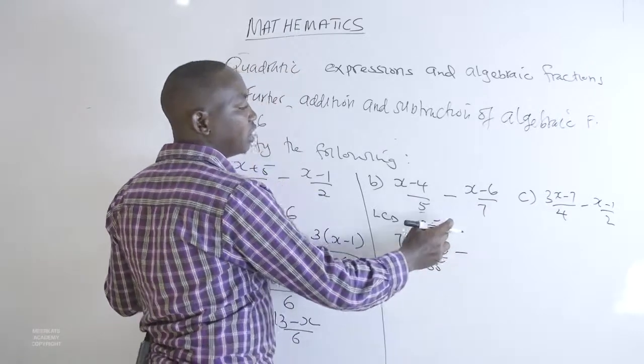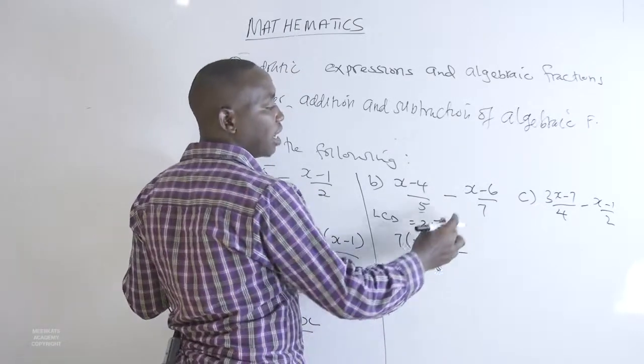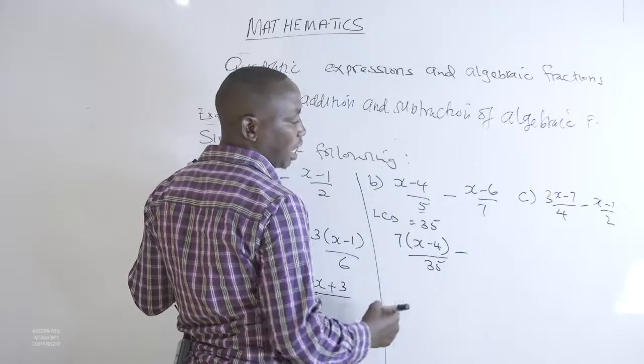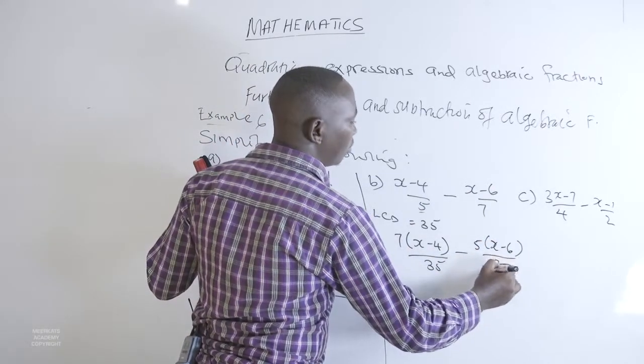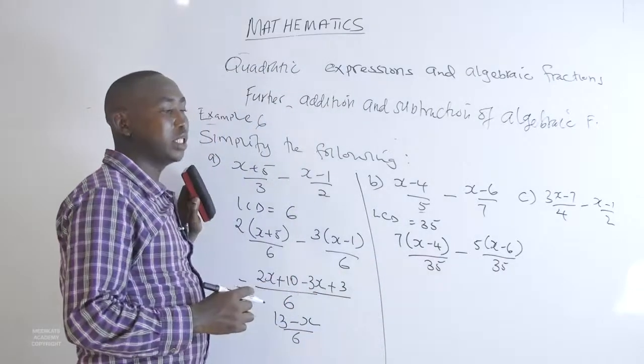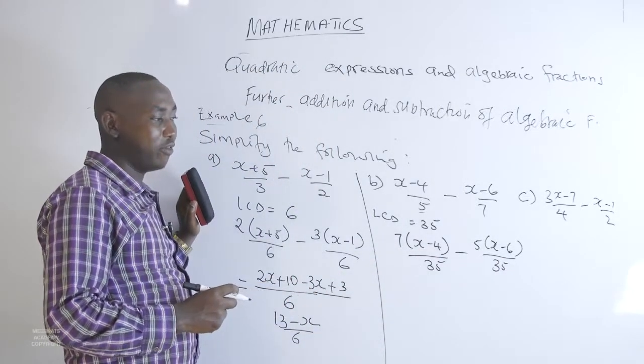Subtract 7 goes into 35 5 times. That means we multiply 5 by x minus 6 divided by the new denominator, which is going to be 35.